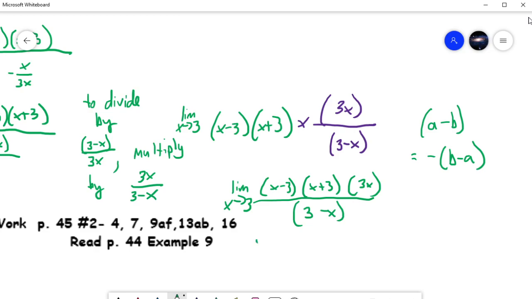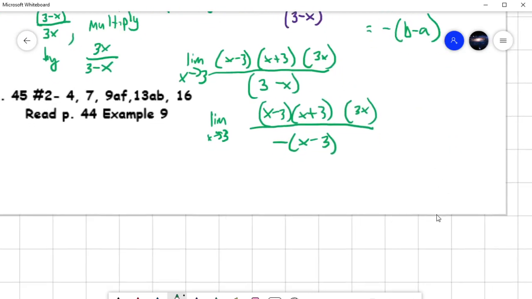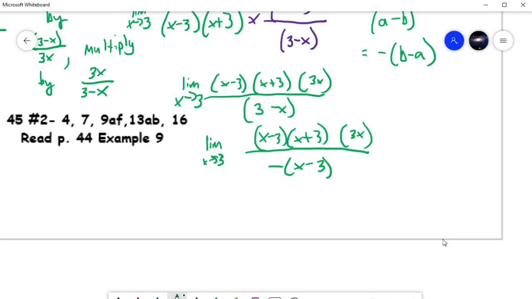Why is that useful here? Because if you do that to the bottom, if you factor out a negative 1 from the bottom, now you realize, oh, actually there is something I can cancel here. I canceled this one.